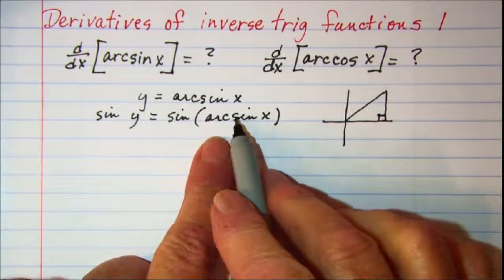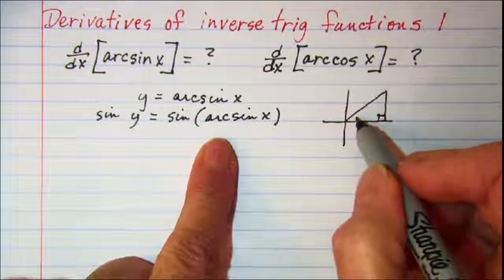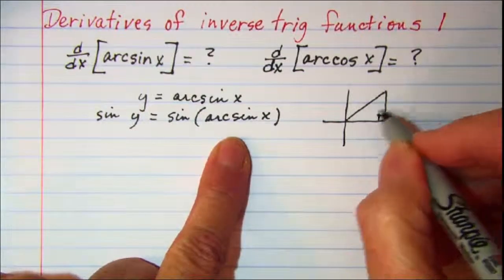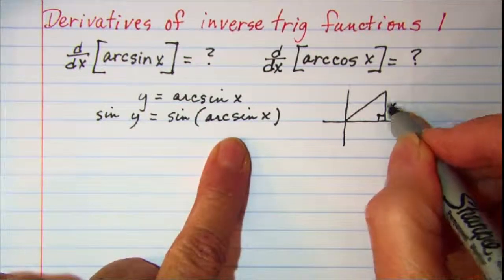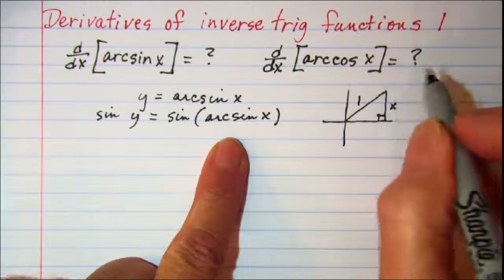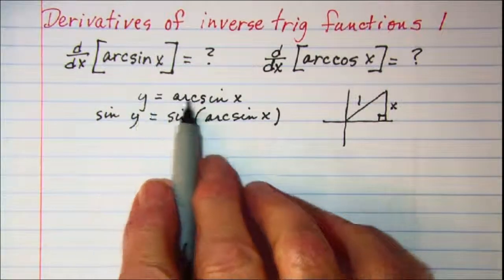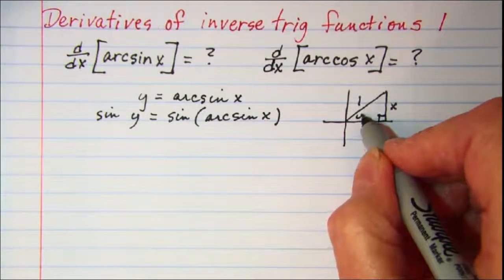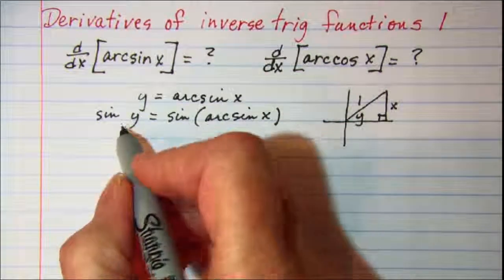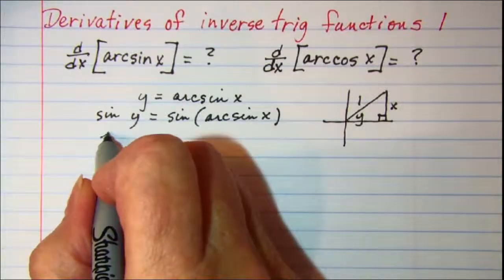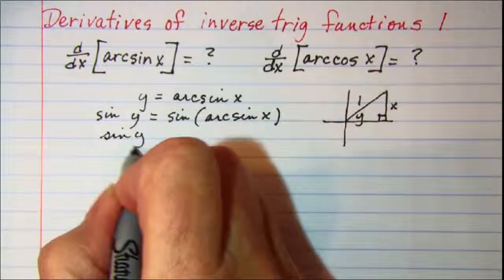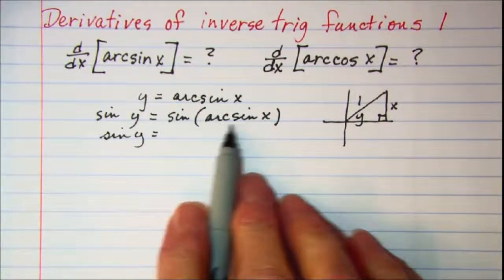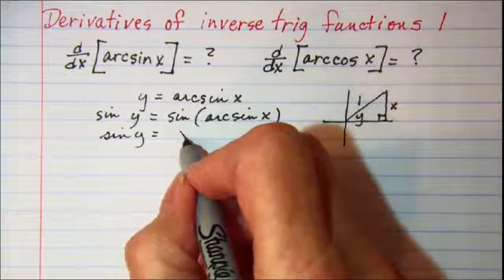So for this angle to be the arcsine x, we would need the opposite side to be x and the hypotenuse to be 1. And then we know that y is the angle whose sine is x, so the angle then is y. Alright, so let's copy this left side. And then the sine of arcsine x is just x.